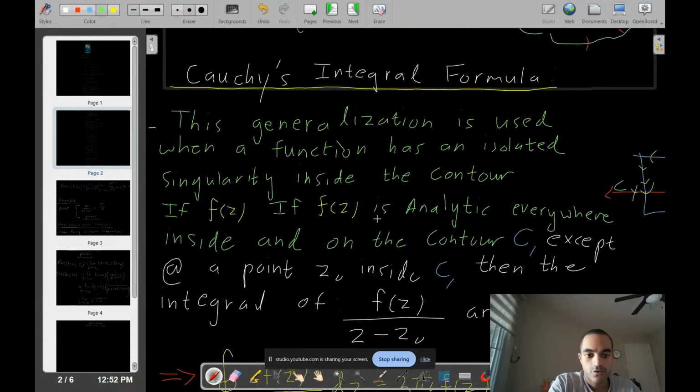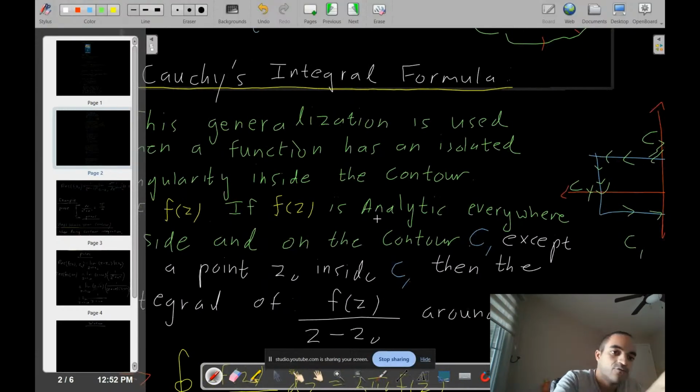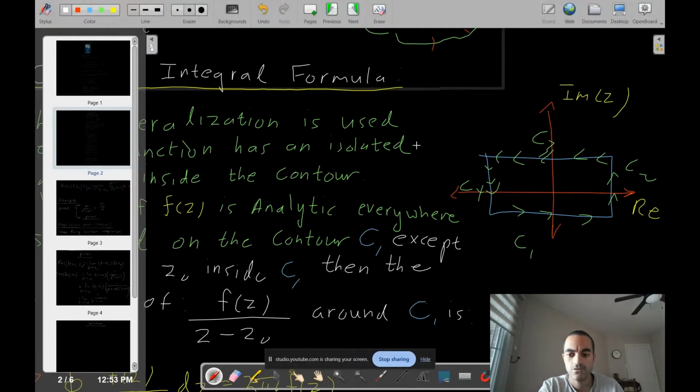So remember, Cauchy's integral formula states that when a function, right, let's say our function has an isolated singularity, just that singularity, and it's inside the contour. So let's say, for instance, I have an isolated singularity, let's say z0 equals i. I just said that the imaginary axis would be on the y-axis, so that means i would be located, let's say, here, for instance.